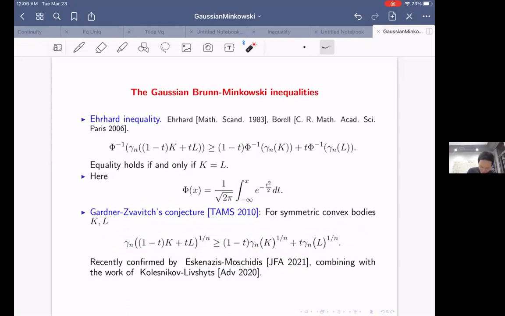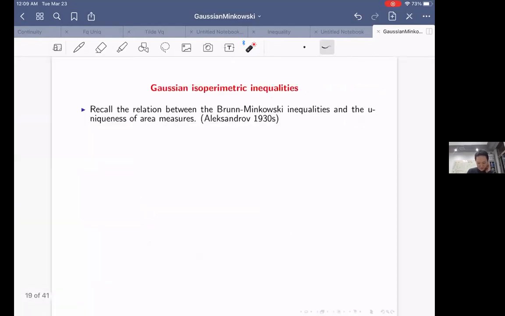It is actually an important point that stimulated us to consider the Gaussian Minkowski problem.